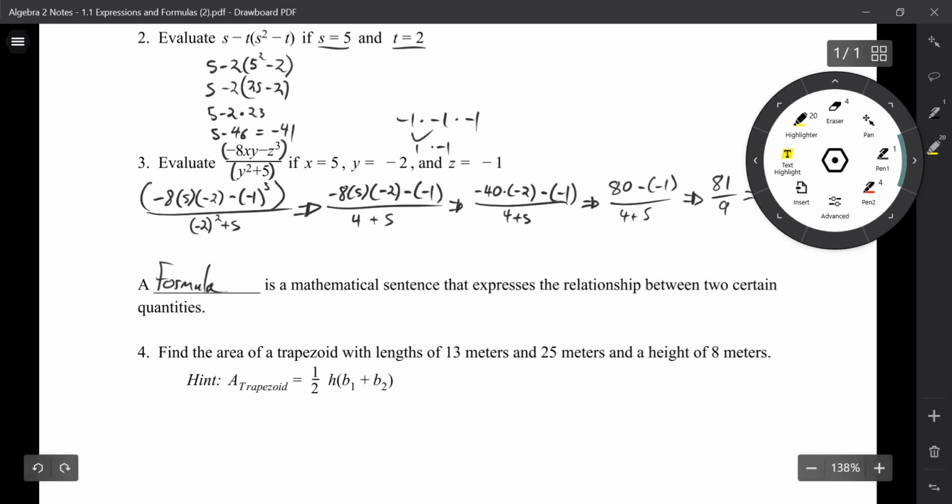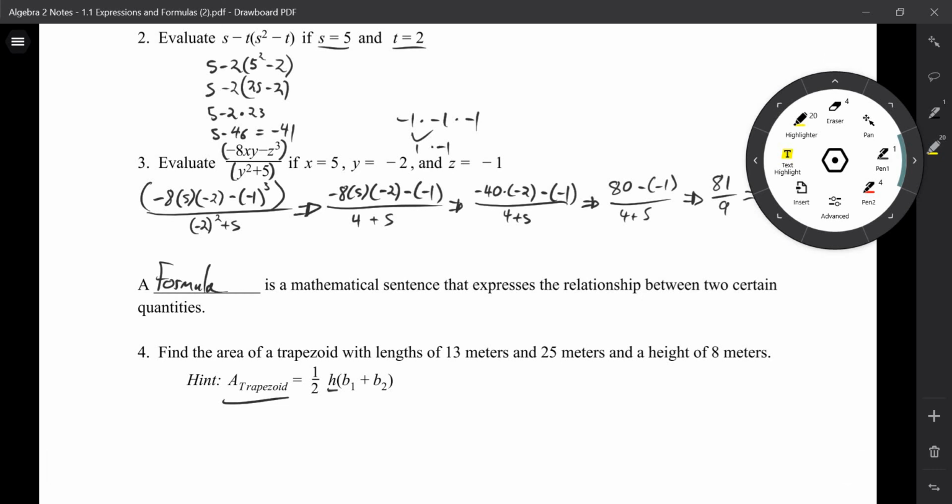So let's read the whole question. Find the area of a trapezoid, and that's what we have right here, with lengths of 13 meters and 25 meters and a height of 8 meters. So they're all meters, so we won't have to deal with any weird conversions. That makes it very easy for us. And now we just need to plug it in. So if we have an H here, that stands for height.